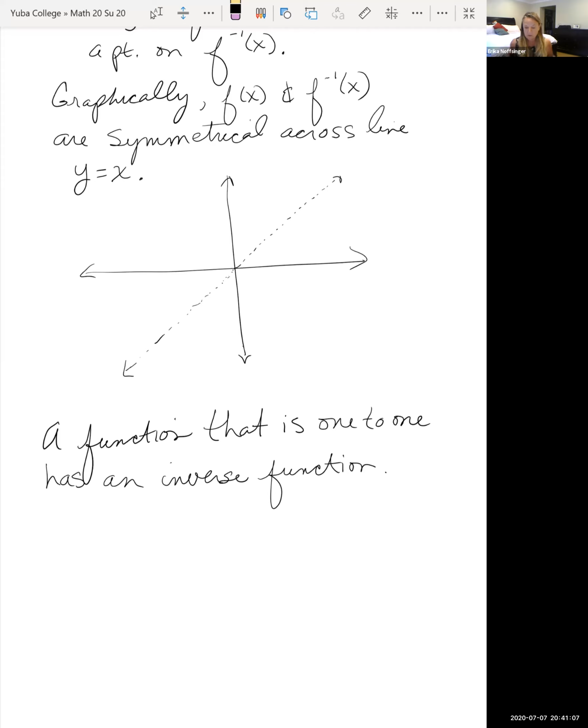And for functions, we looked at passing a vertical line test when we looked at graphs. One-to-one functions have to pass both the vertical and the horizontal line test.